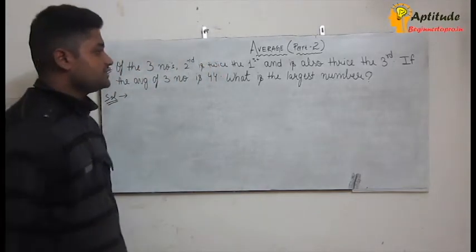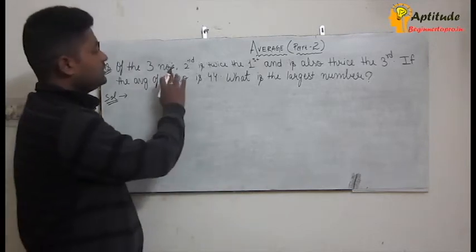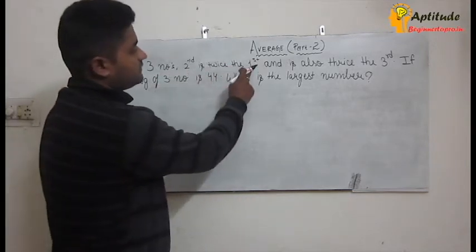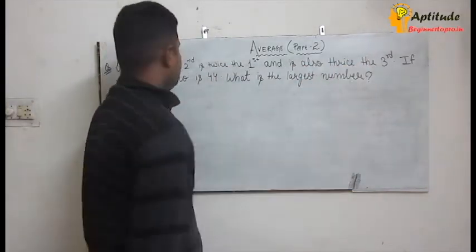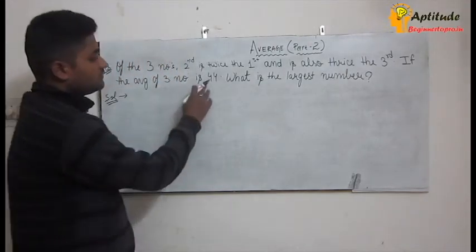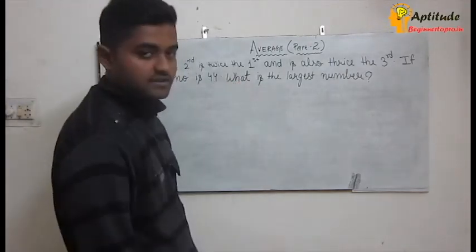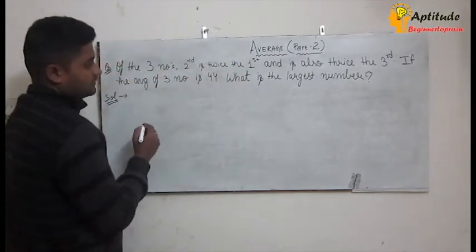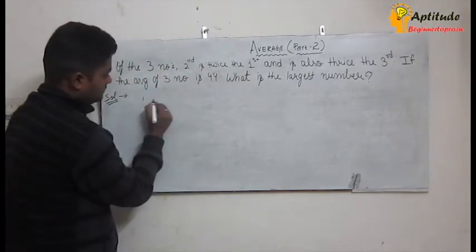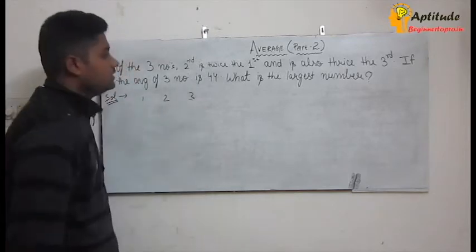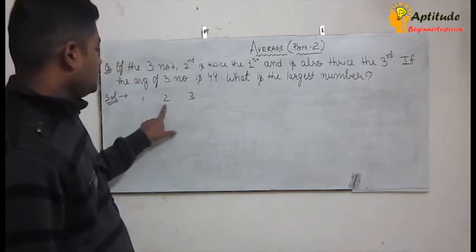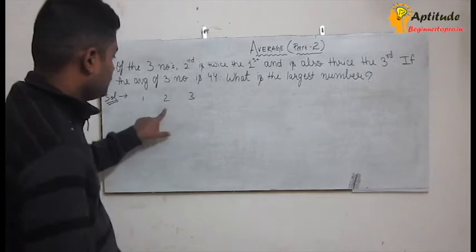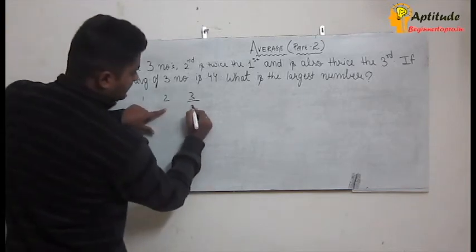So, our first question is, of the three numbers, second is twice the first and is also thrice the third. If the average of three numbers is 44, what is the largest number? So, the question says that we have three numbers. The second number is thrice the third. So let us assume the third number be x.